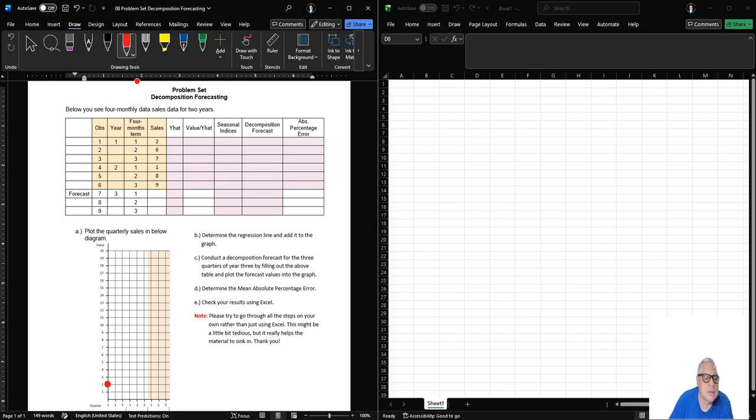Then in the second observation, like the summer term of year 1, we have 6. Then in the third term, which is the fall, if it's a university, we have 7. And then we move to the second year, we are again in spring, and now we have only 1.